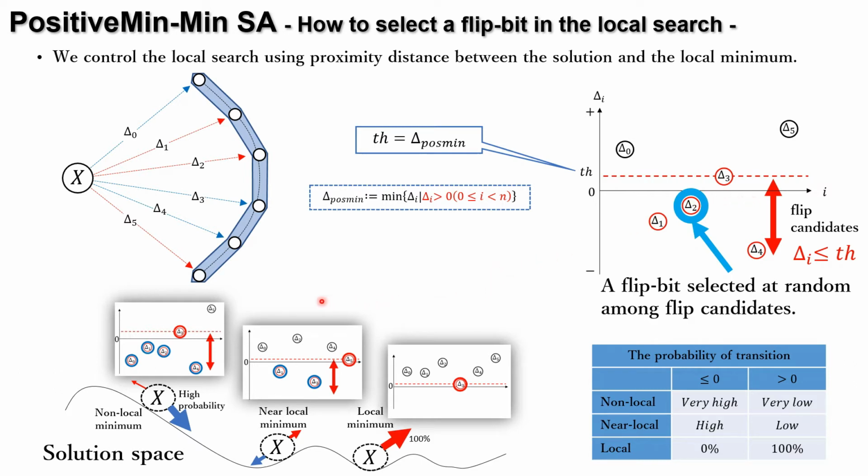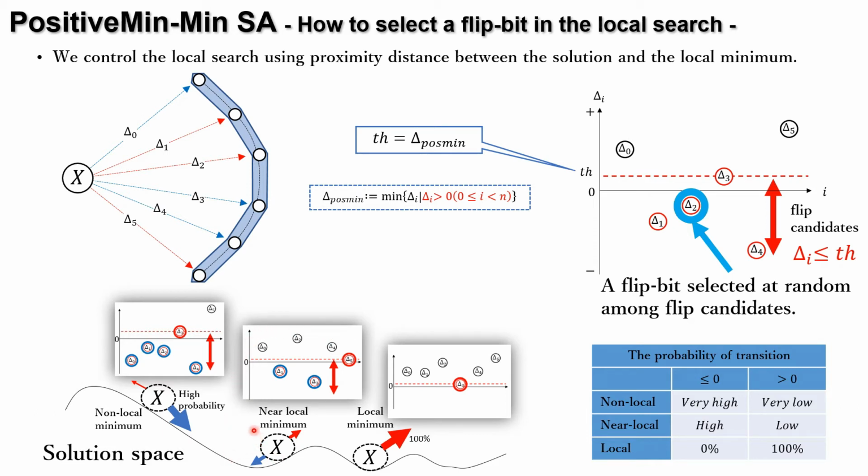When the solution is far from the local minima, the flip candidates consist of many candidates with a decrease in the energy and one or few candidates with an increase. Therefore, if we select a flip bit at random among flip candidates, the energy will decrease. When the solution is near a local minimum, the majority of bits in the candidates still have negative delta.